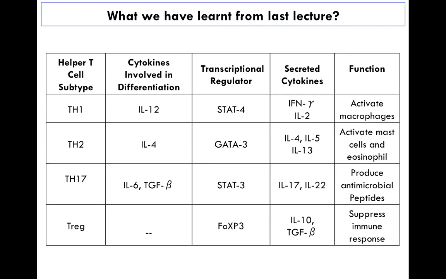They get differentiated with the help of different kinds of cytokines, such as Th1 by interleukin 12, Th2 by interleukin 4, while Th17 by interleukin 6 and TGF beta.